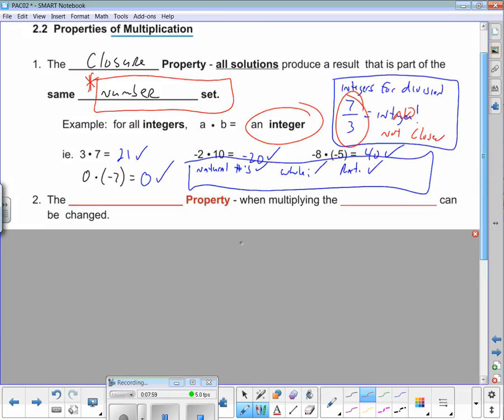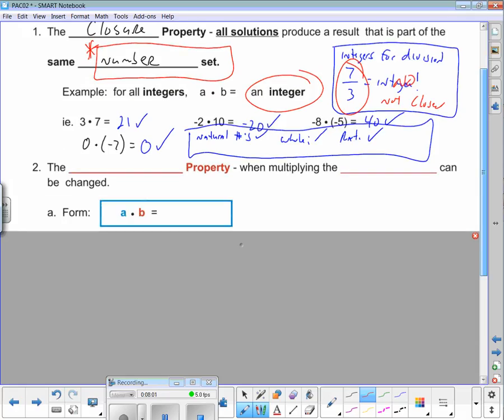All right, number 2, the commutative property. C-O-M-M-U-T-A-T-I-V-E. Whoever's the N person, you get rid of that N. You might hear me say something that sounds a lot like commutative, but it's commutative.